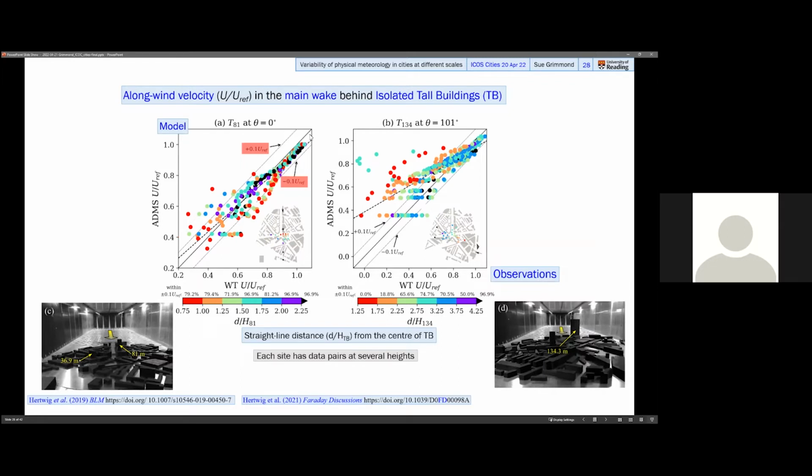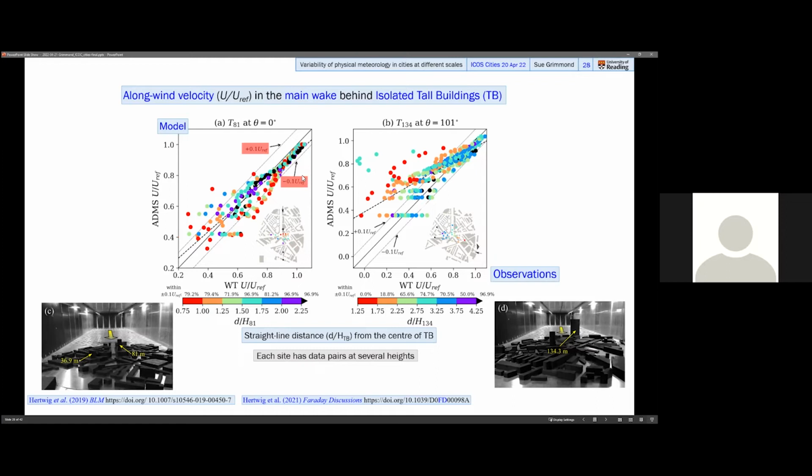Ideally, it would fall on the one-to-one line, the solid line here. What we can see is that we're also showing what fraction of the data are within plus or minus 10% of the reference wind speed. We can see that it is still close higher up, we're getting good performance, but as we go closer and closer to the surface, those are performing less well.